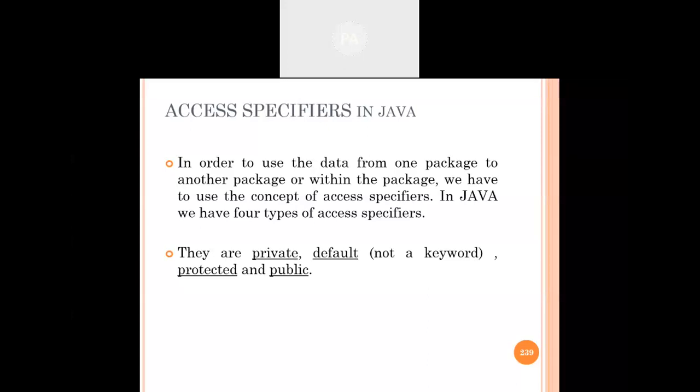So for that reason, we need to understand what kinds of access specifiers are available in Java and how we use them. We all know that in C++ we have three access specifiers: public, private, and protected. Public is used for universal access, protected is used for inheritance, and private is used only for that particular class.